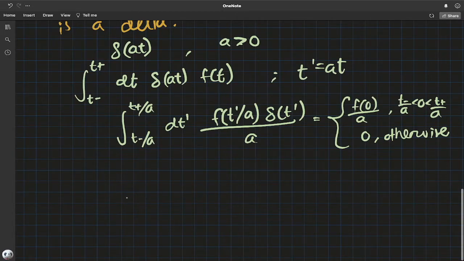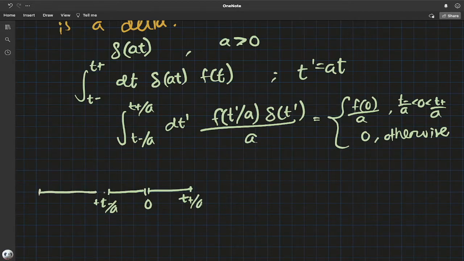Now the thing is, assume you have a short interval from, say, t minus over a to 0, and then from 0 to t plus over a, and then you have the entire interval from t minus over a to t minus, and then from t plus over a to t plus.